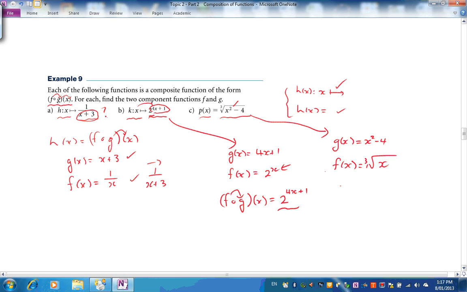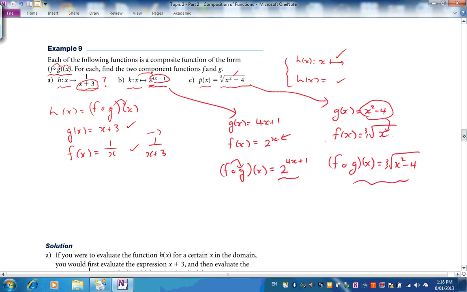So if we wanted to do f operated on g of x, we would stick the g in place of x in the f function. And we would have, instead of the cube root of x, we would have the cube root of x squared take 4. So we're trying to look at the structure and what makes up more complicated functions.